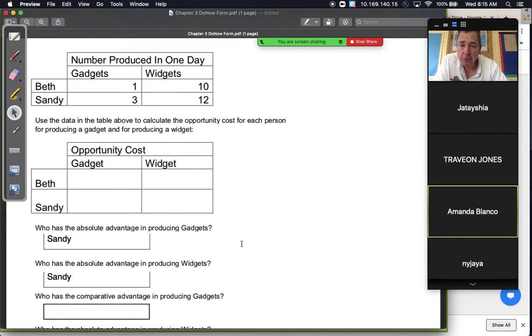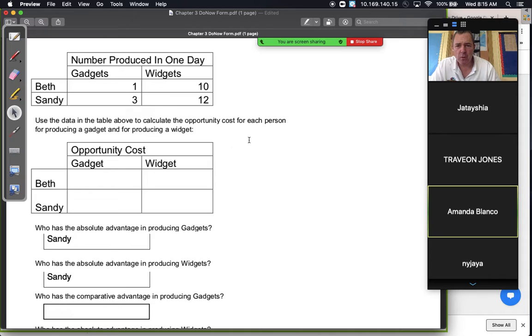All right, but opportunity cost is what determines comparative advantage. So we're going to take a look at opportunity cost. If I want to know Beth's opportunity cost of producing a gadget, I want to know how many widgets she's giving up.